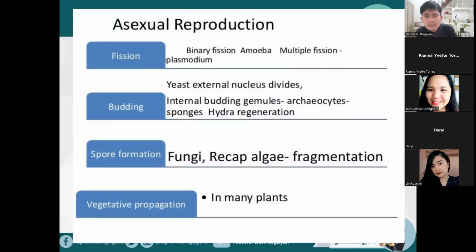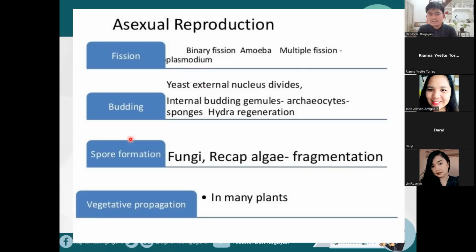For asexual reproduction, we have different forms. We can have binary fission, like amoeba. Multiple fission, we also have the plasmodium. Remember that plasmodium are parasitic protists, which serve as the agent for malaria, carried by the Anopheles mosquito.